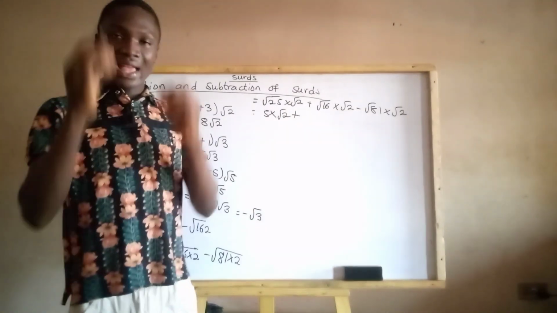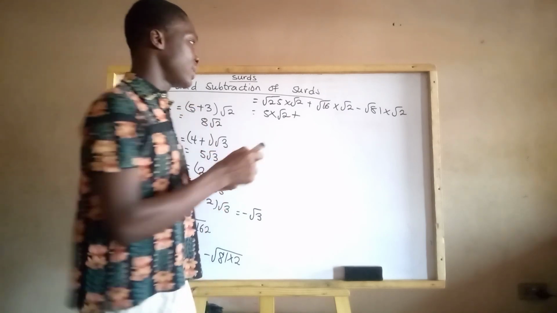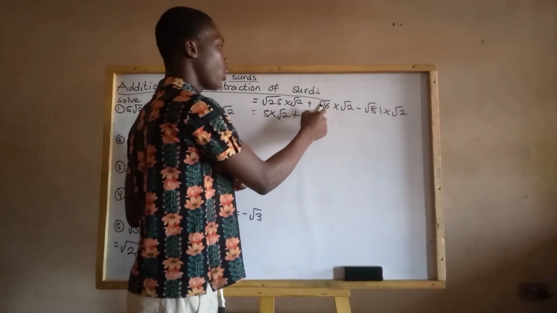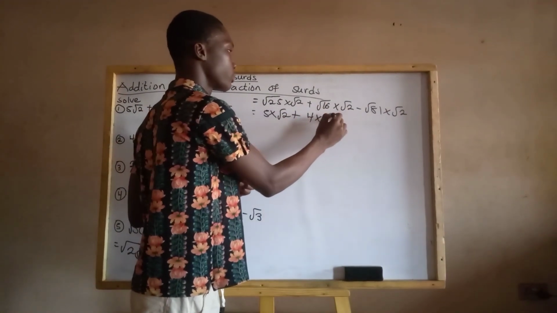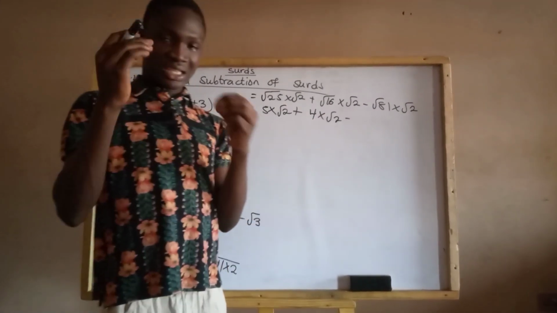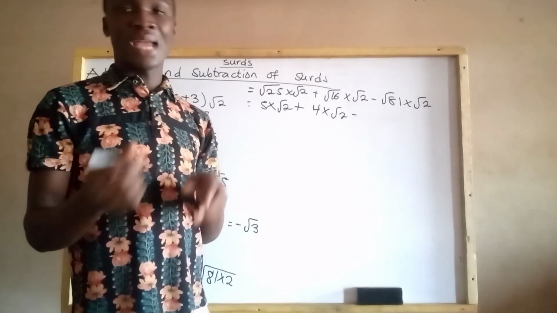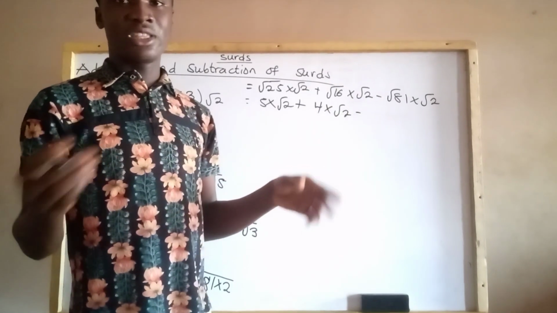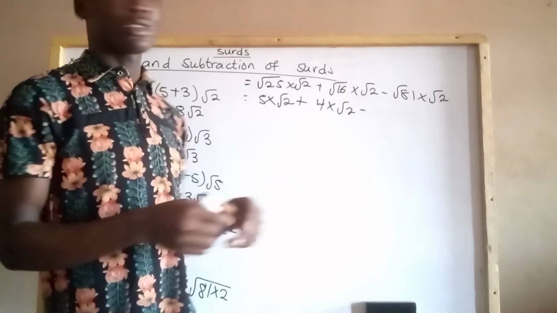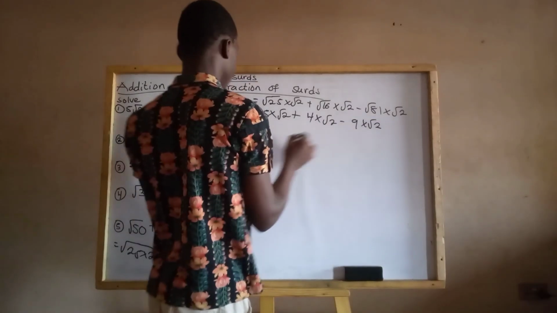So a certain number multiplies itself to give 16, and that number is 4. So 4 times root 2 minus root 81. A certain number also multiplies itself to give 81, and that number is 9, because 9 times 9 is 81. So it makes 81 a perfect square. So we have 9 times root 2.